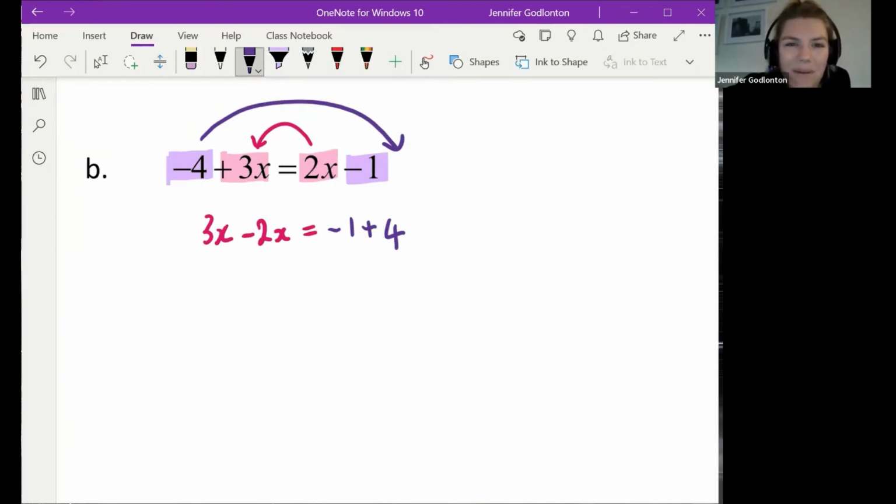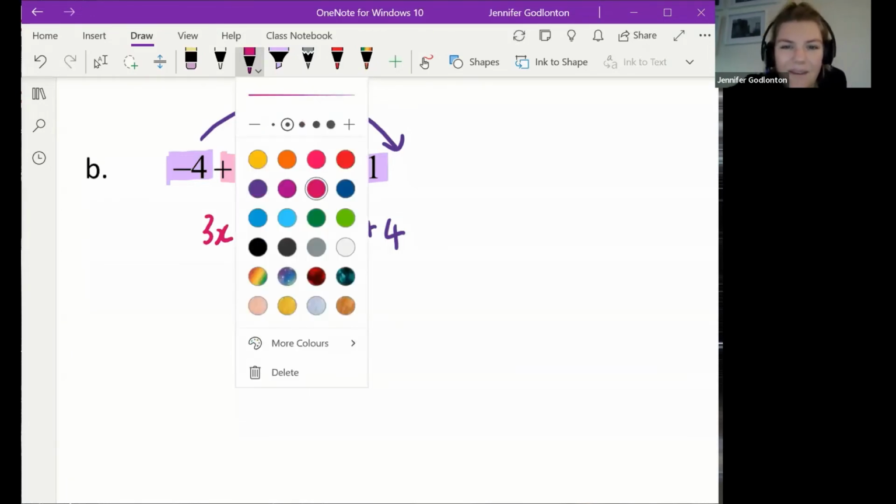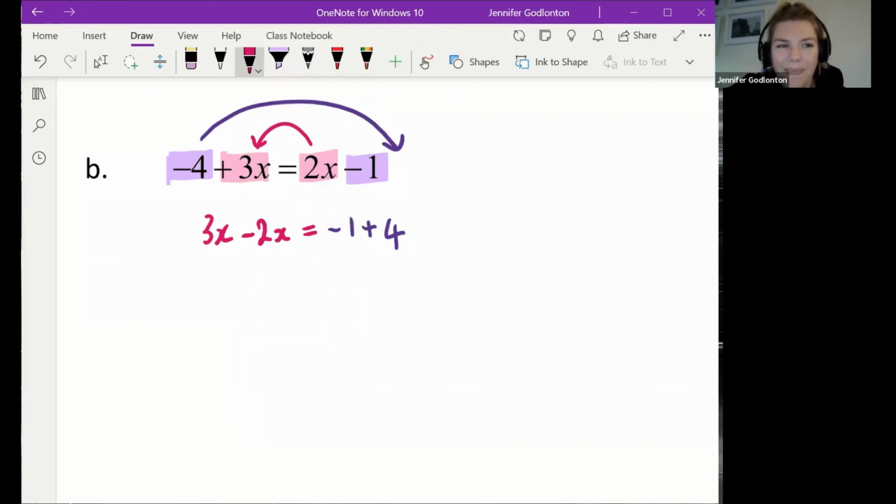Where do I go from there? I am going to say equals, okay, 3x minus 2x, which will give us 1x. Good. And then negative 5.